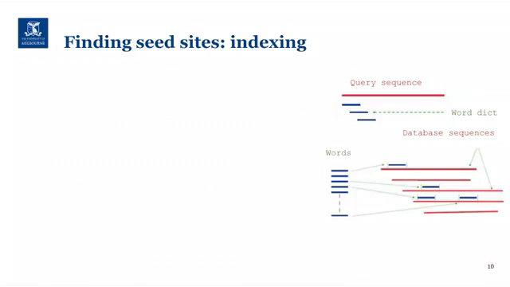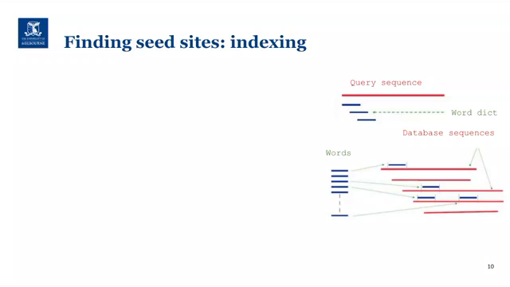And the way BLAST will find the seeds is via indexing. So the first thing it does is, for a given database, it will split it up in k-mers. So we'll run a sliding window on every sequence in our database, and we'll map this to a dictionary. Bear in mind the word dictionary, and we'll discuss the meaning of this. And we'll do the same for the query sequence.